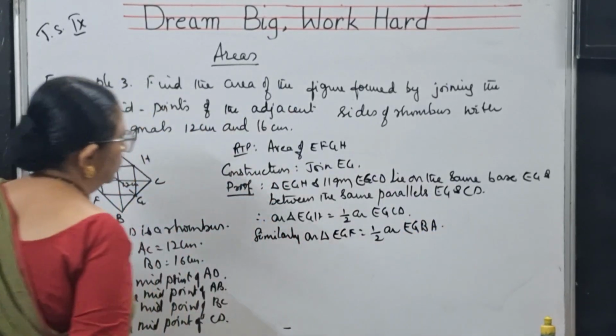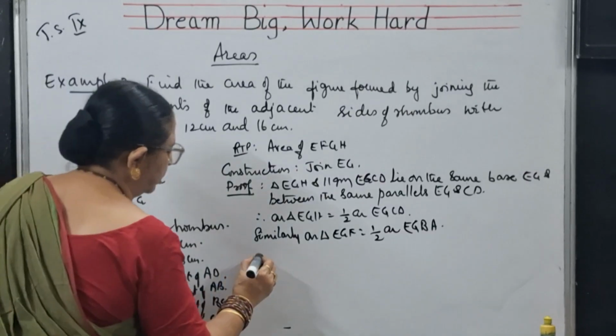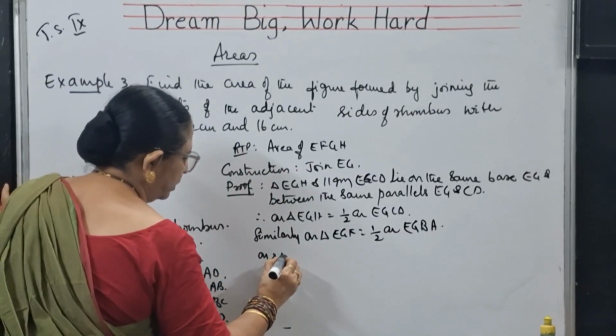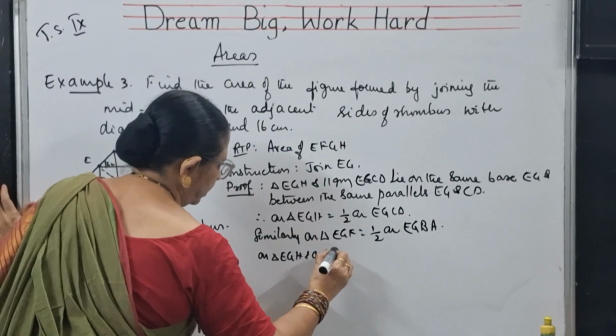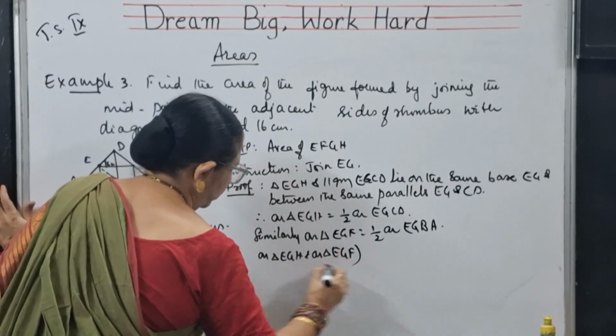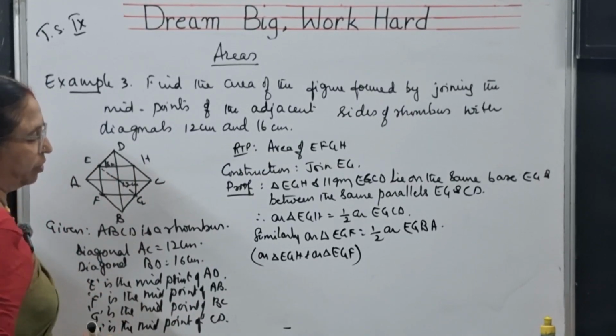So the quadrilateral formed is nothing but area of triangle EGH plus area of triangle EGF. If you join these two, you are going to get EFGH, quadrilateral.